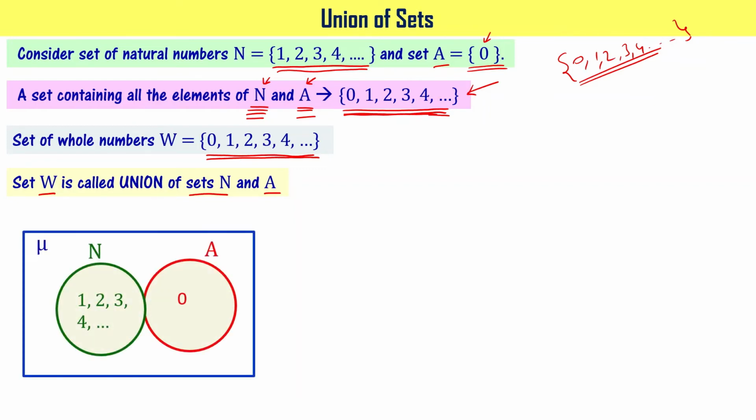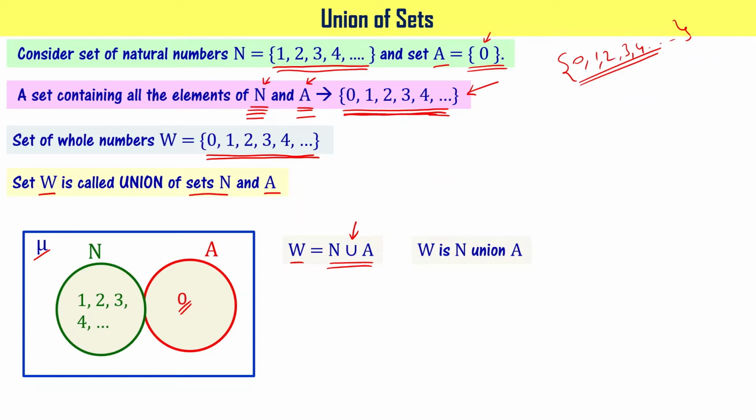Pictorially, you can represent this using Venn diagrams as shown here. You have the universal set that is much beyond your N and A, right? N has elements 1, 2, 3, 4, and A has only one element, that is 0. When you put these two things together, what you get is W. So what we say is W is N union A. This is the symbol of union.